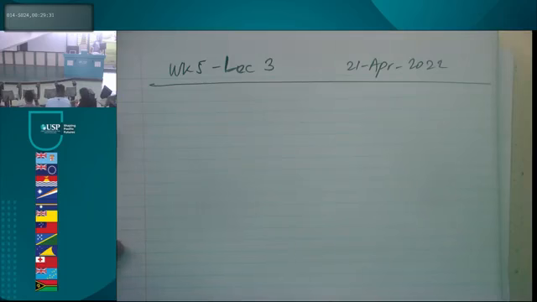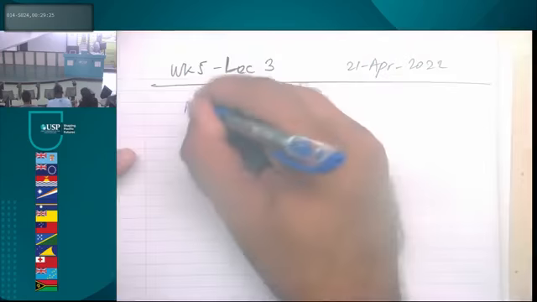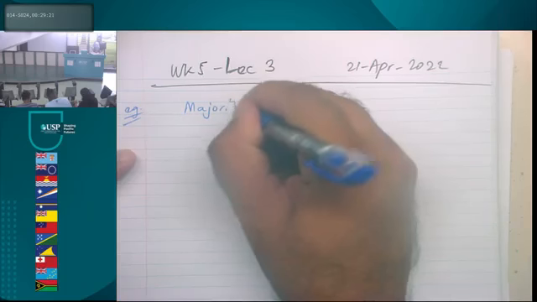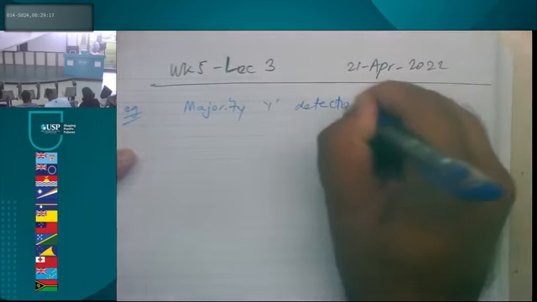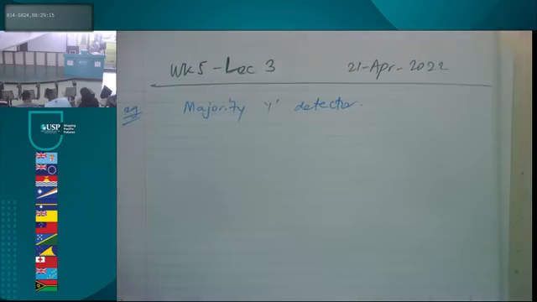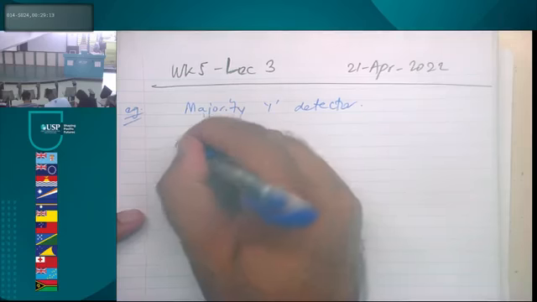Okay, no, not odd number. Let's call this a majority detector. We're doing an example on a majority 1 detector. There are 4 inputs.